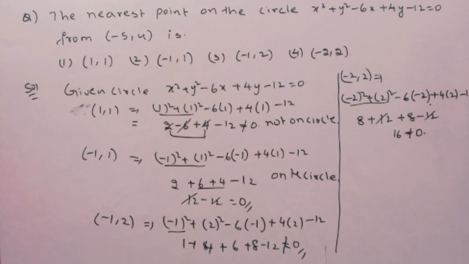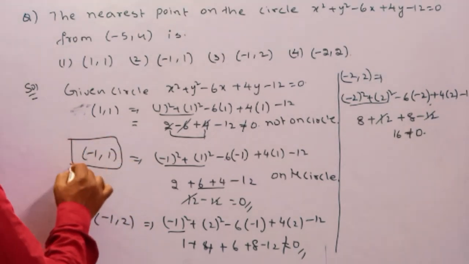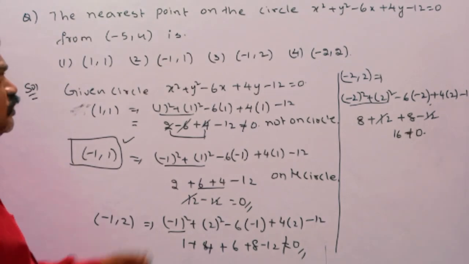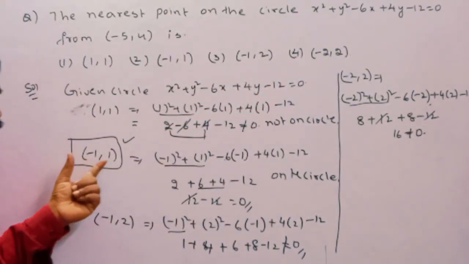So only one point is there, that is (−1, 1), which is on the circle.